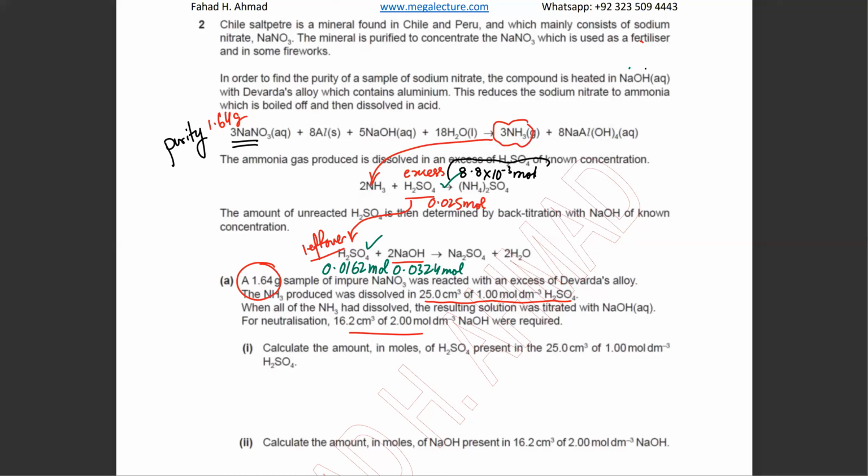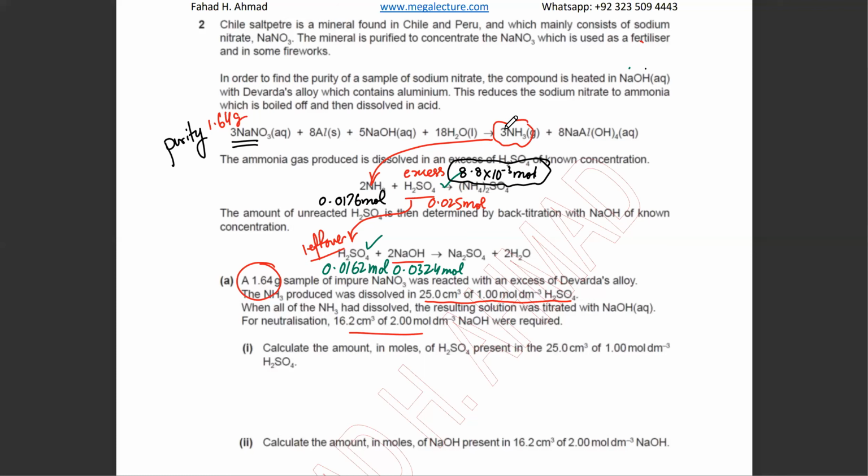These are the moles of sulfuric acid that actually took part in the reaction. The ratio is 1:2, so double this and you'll find the moles of ammonia. What's the double of this? 0.0176 moles. Okay, we've come this far.